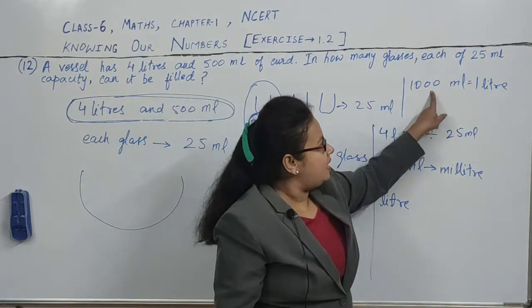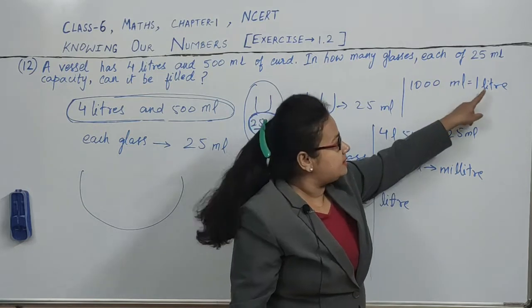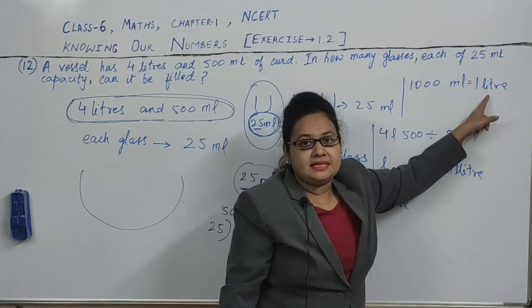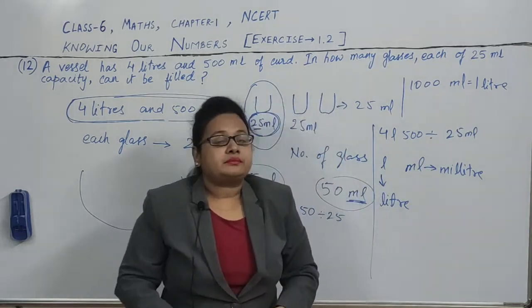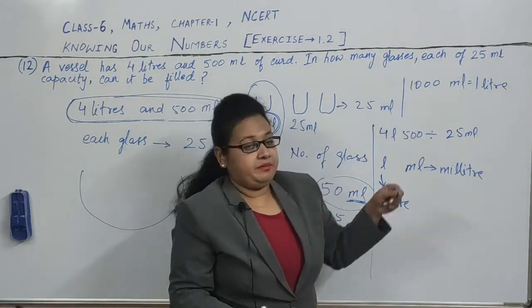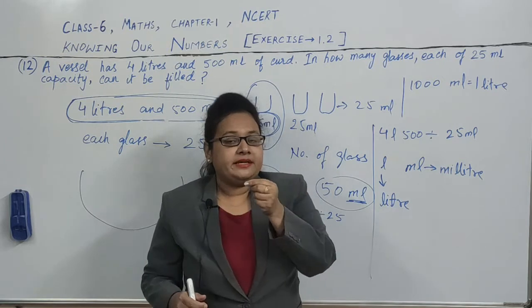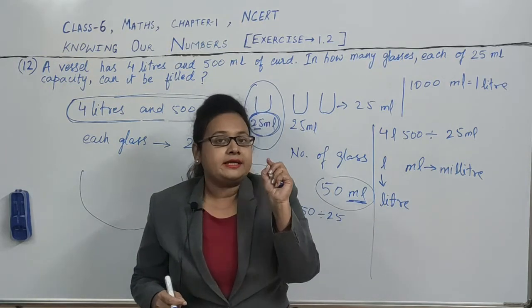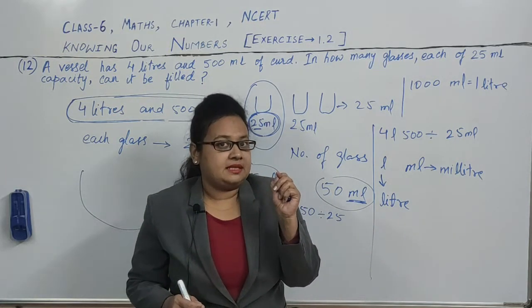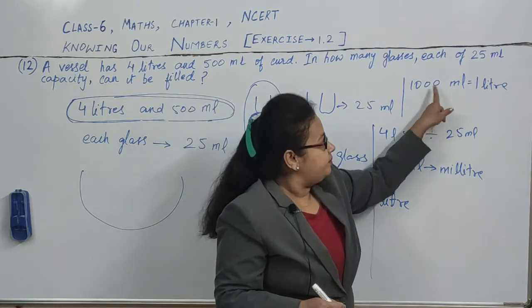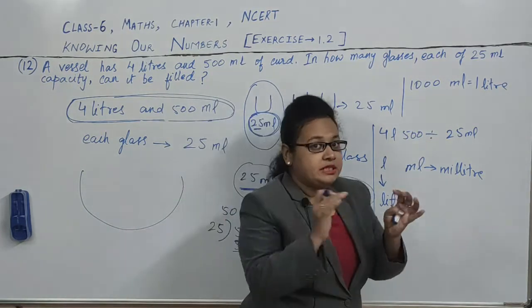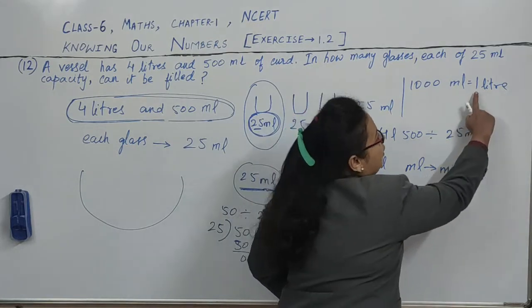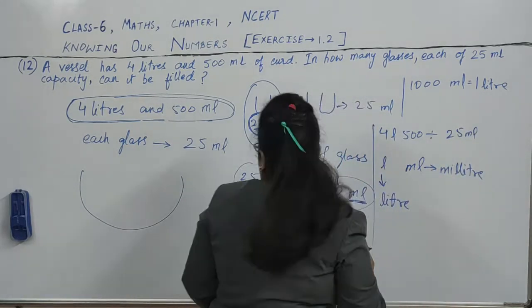So this is the smaller unit, and this is the larger unit to measure the capacity of a container to contain a liquid. 1 milliliter, 2 milliliter, 3 milliliter, 4 milliliter is the small unit to measure the capacity. And 1000 milliliters together will be only 1 liter, right?